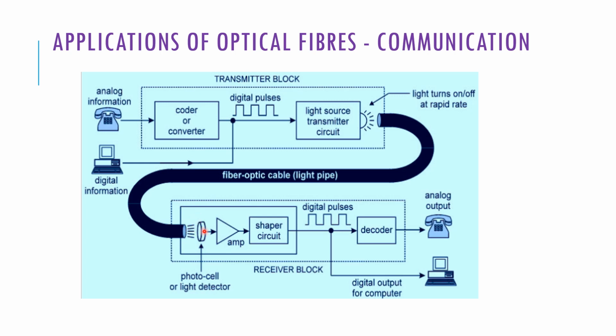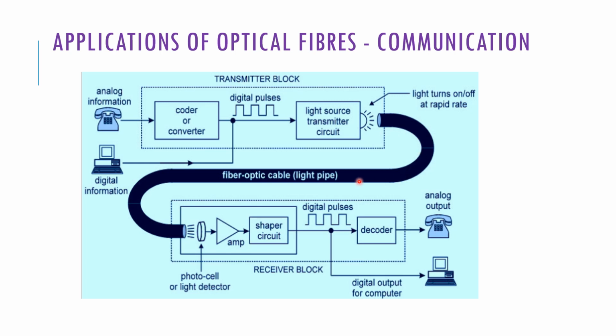When it reaches the other end, it falls on the light detector first, where the light will get converted into an electrical signal, and that will be amplified further, and then it will get converted into digital pulses, and it will be sent to the decoder, where from the digital pulses the information will be filtered and sent to the receiver end.